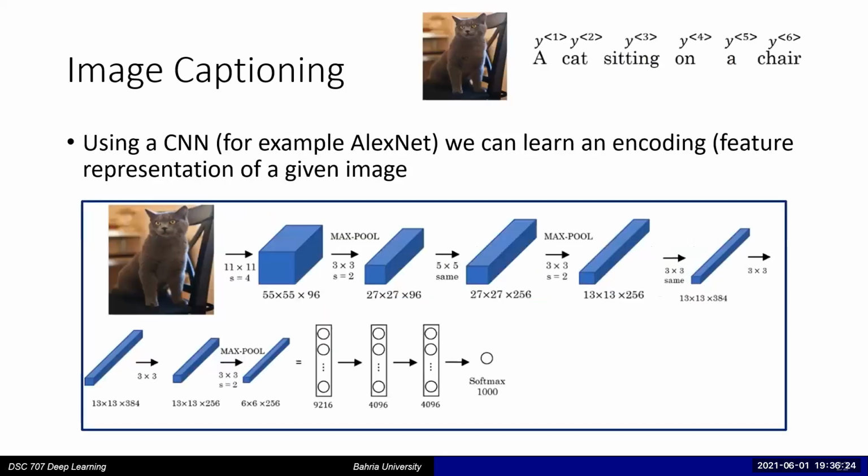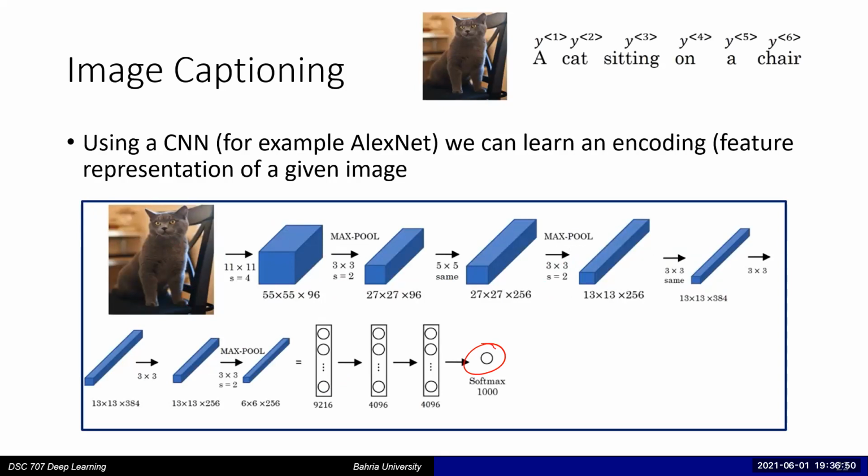So what we can do is, we have already been feeding images to a CNN. For example, if I feed this image to this architecture that looks like AlexNet, maybe there is convolution and pooling, and then we have fully connected layers of 4096, 4096, and eventually a softmax layer with 1000 neurons because we are solving a 1000 class problem.